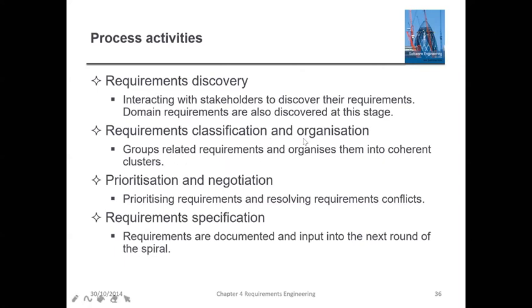We can organize everything into clusters and proceed further. The unstructured items or requirements, whatever there are, we have to group together and make systematic, and then proceed with clusters. So all the requirements will be classified and organized properly in this stage.